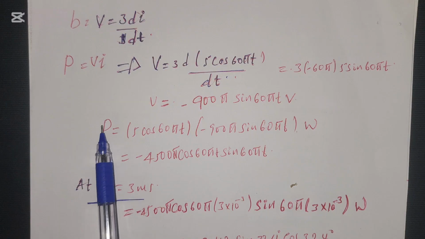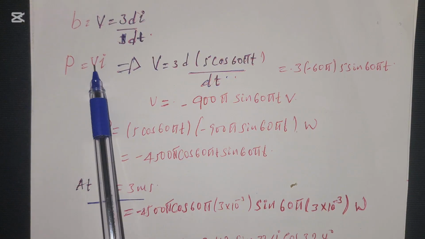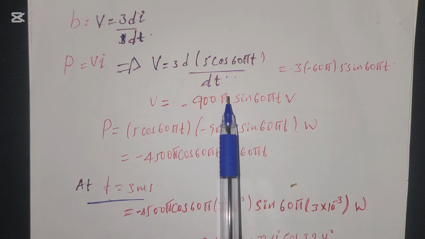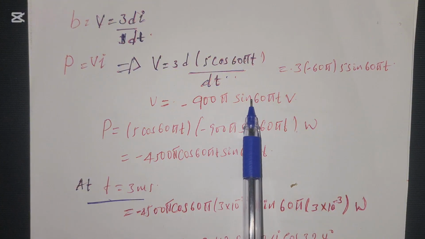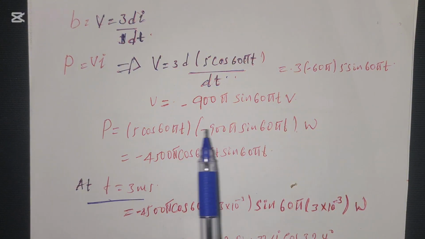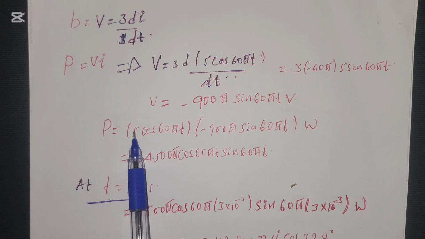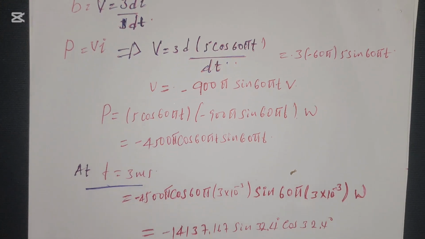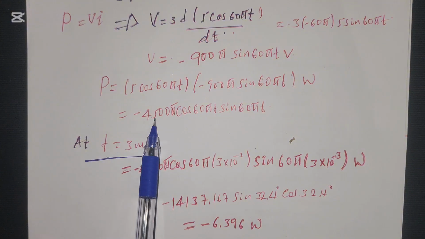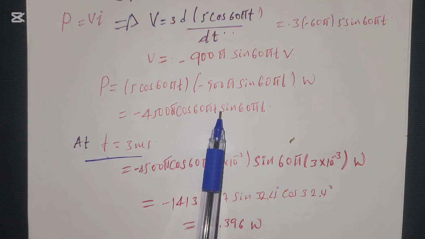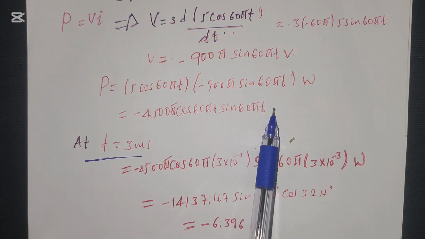P is equal to V times I. Inserting this V, as we calculated, minus 900 pi sine 60 pi t, and the current is 5 cos 60 pi t, calculating this would give us minus 4500 pi cos 60 pi t sine 60 pi t.